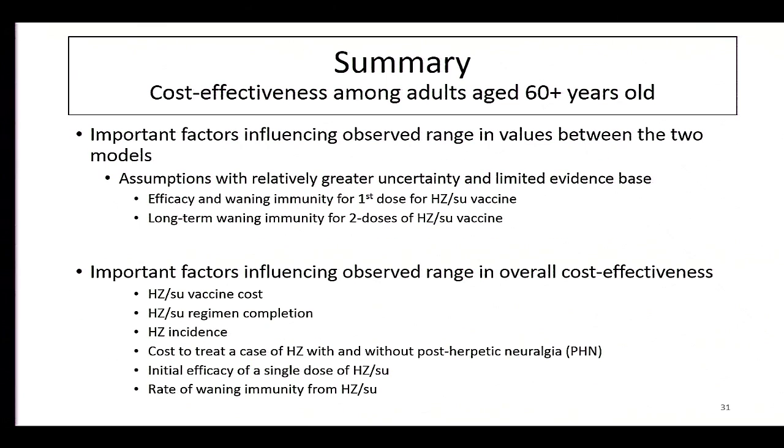So some of the important factors that influence the difference across models are the items we discussed earlier: the efficacy of a single dose of the subunit vaccine, the waning efficacy of the single dose, and the long-term waning efficacy of 2 doses of the subunit vaccine. Many other factors were also important in determining overall cost effectiveness. Those included vaccine cost, the regimen completion rate, HZ incidence, and the cost to treat a case with and without PHN.